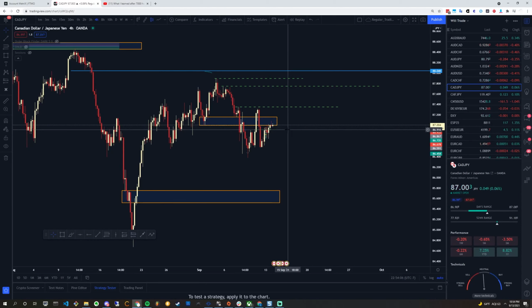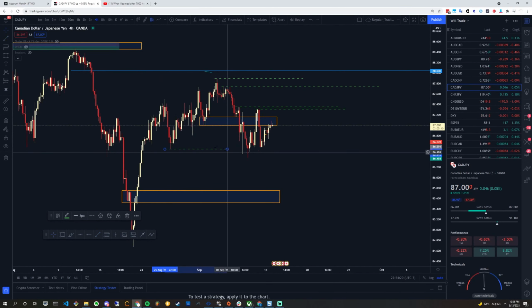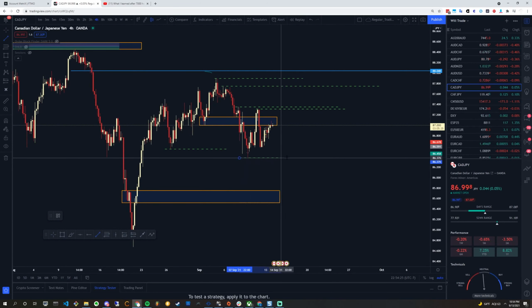Let's take this off because that didn't work, obviously. And then we made another lower high right here, right? It's perpetual lower highs. Then we made a low and a lower low, right? But we came back up and then made a higher low.